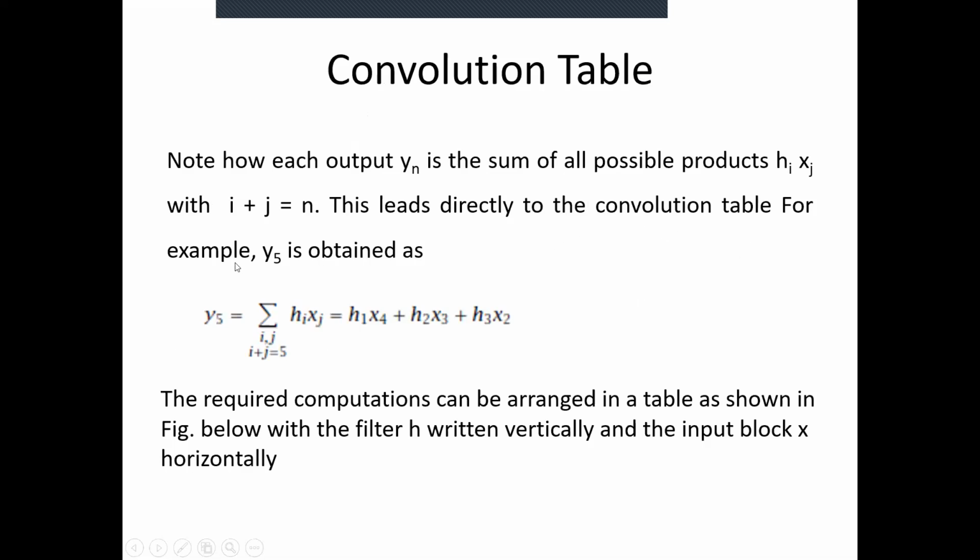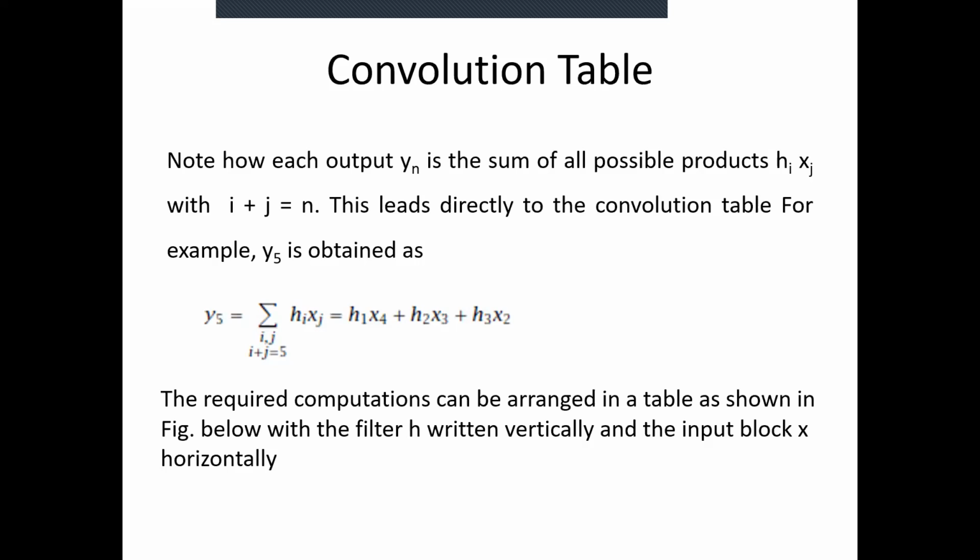For example, if you follow this method, we may calculate a single output only. I'm not interested to calculate all outputs. For example, I need to calculate only Y5. Now look at the possibilities to generate Y5.